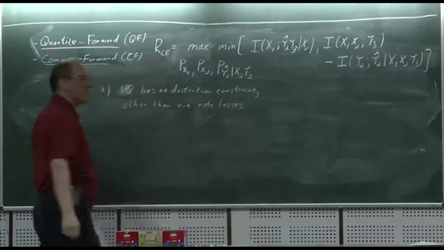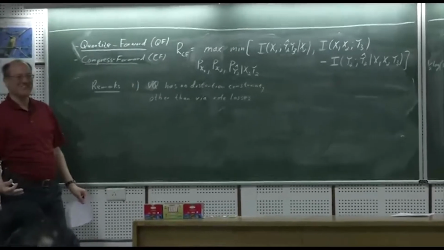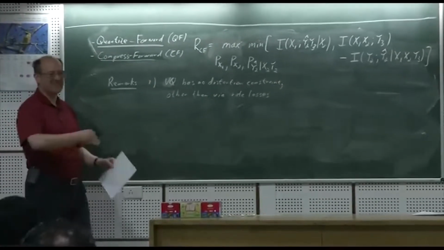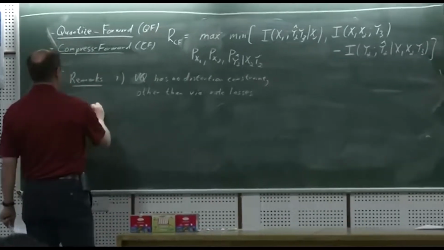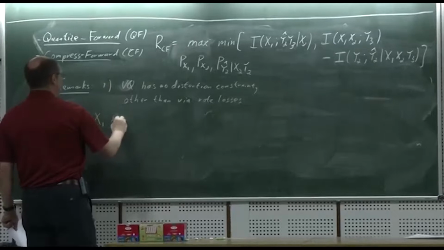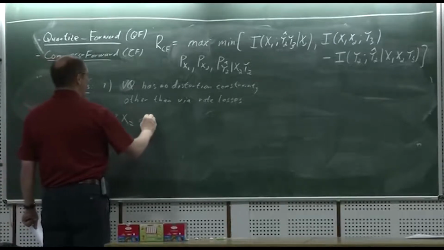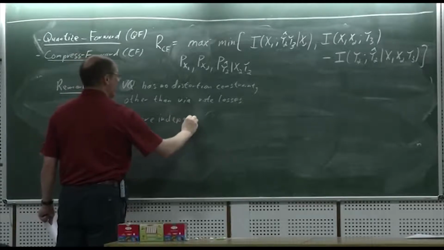So in some sense, the distortion constraint is the mutual information that you're losing. Okay, so it's kind of funny. It's there, but it's not, you know, in a different way than usual. X1 and X2 are independent, and so this is one of the, I think, most severe weaknesses of this method.